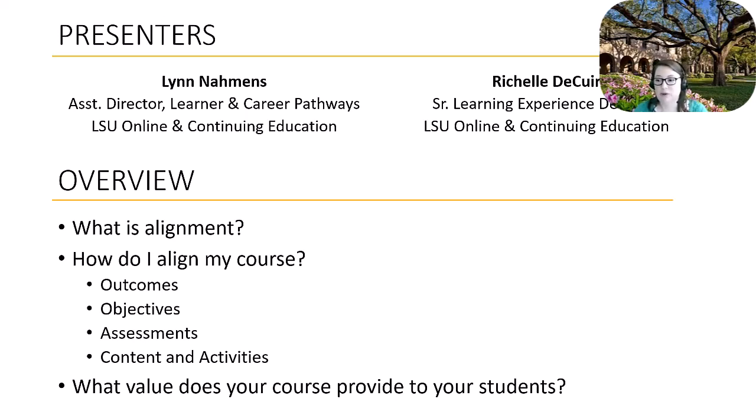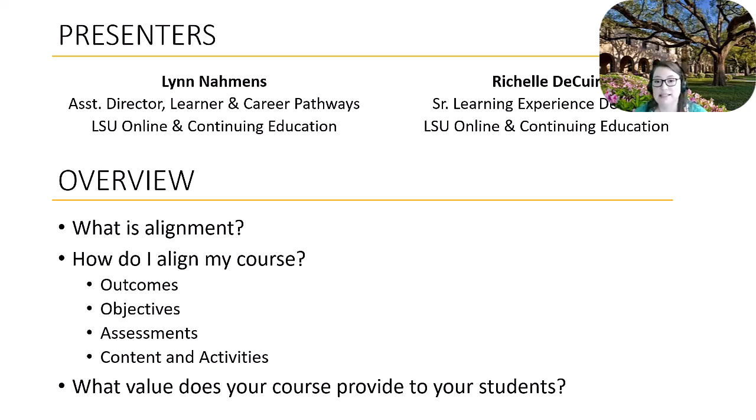So we like to begin our course design work by focusing on intended outcomes and then seeing how we can organize the course materials so that students can meet those outcomes successfully. This process of tuning the materials to the outcomes is called alignment. And during our session today, we're going to walk you through the alignment of a course as a model for you.